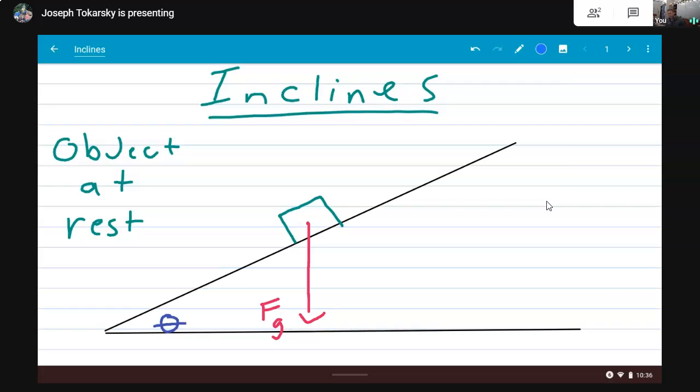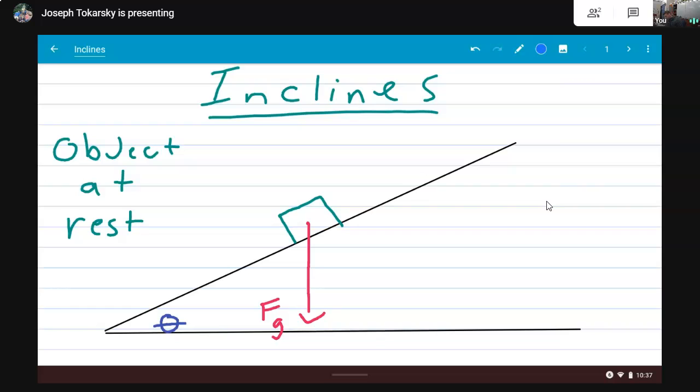If you remember way back to when we first started the most introductory stuff to forces, when we defined normal force, it was defined as an upward perpendicular to the surface force that basically from a surface pushes back on something.